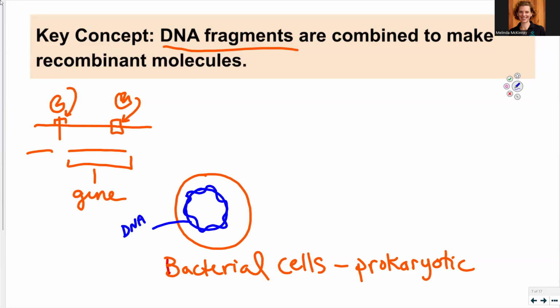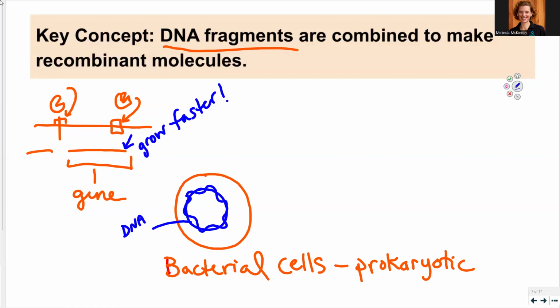So say we isolate a gene, and this gene is going to allow plants to grow faster, right? Speeds up their ability to take up some really important mineral.